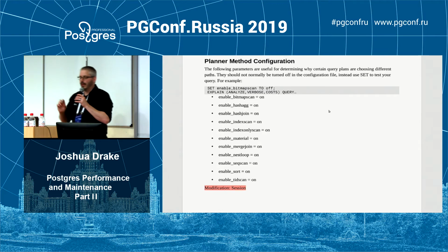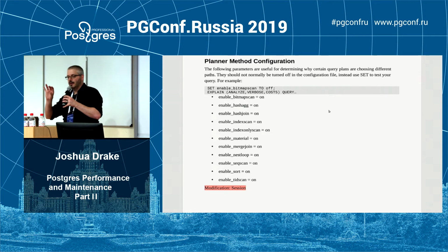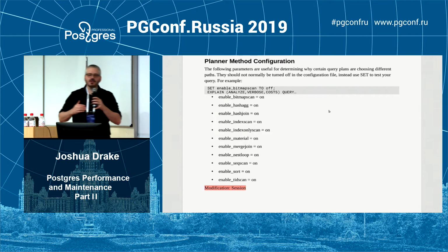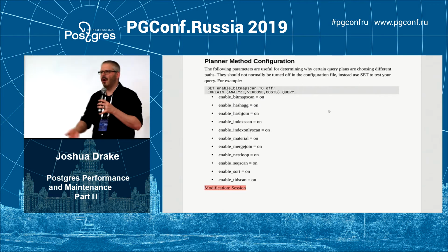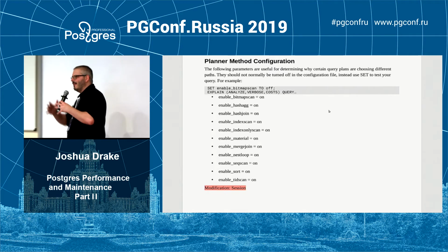So where this is really useful, I find, I mean, they're all useful, but the ones that are really useful are things like enable_indexscan, enable_indexonlyscan, enable_nestloop. Because what you can do is run a query, and you're like, this doesn't make sense. It's so slow. I got everything indexed right.